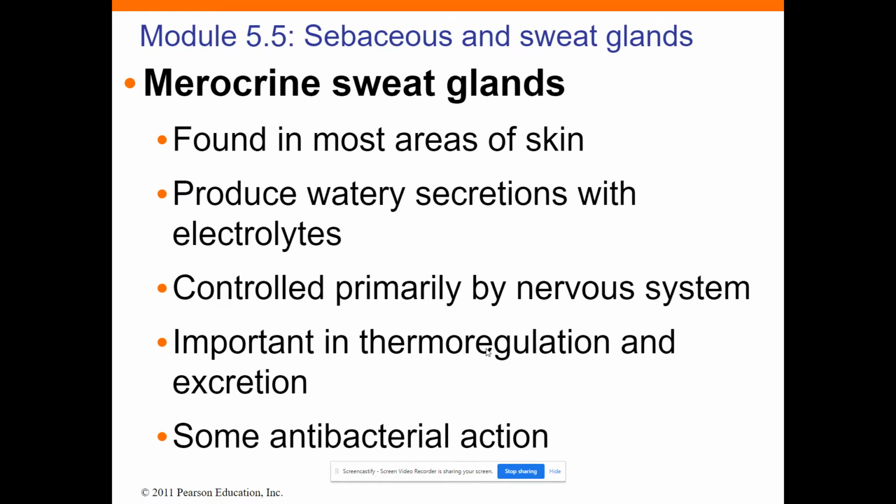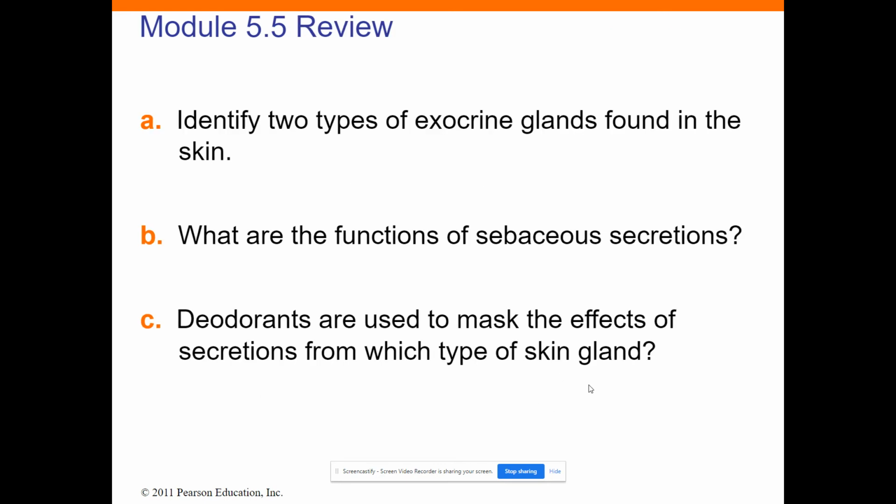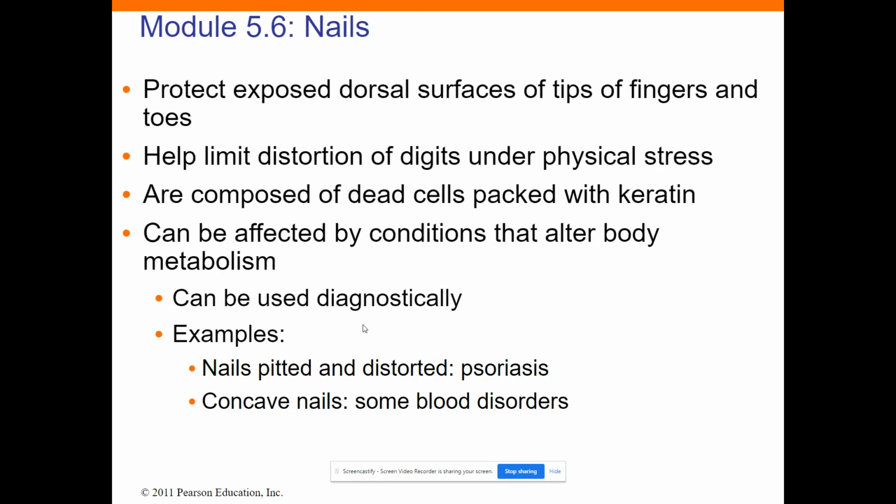If your body gets too hot, it releases sweat in order for the body to cool down. And it also does have some antibacterial action just to keep your skin clean. So its function is to clean the surface of your skin, keep you cool, and provide some antibacterial action as well. And that's the end of the segment.